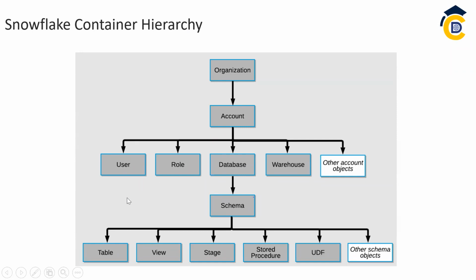So users are not part of a database, roles are not part of a database, warehouses are not part of a database, and there are some other account objects. So user, role, warehouse, and the database itself are account level objects. What is a database level object? It's a schema, table, view, stage, all this.